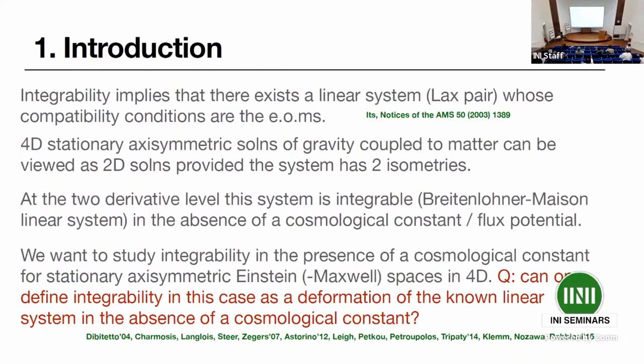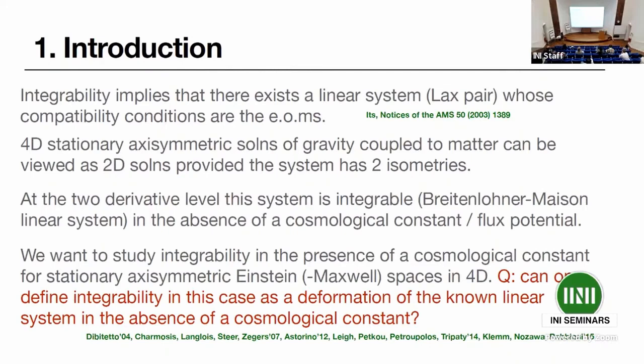So basically, we deal with Einstein-Maxwell spaces in 4 dimensions with a cosmological constant or a flux potential. And the question that is part of a program that started almost 20 years ago is basically whether we can define integrability in this case by constructing a deformation of the Breitenlohner-Maison linear system in the presence of a cosmological constant, right?